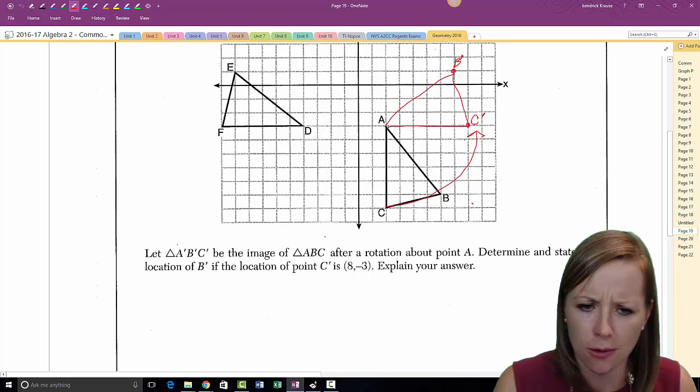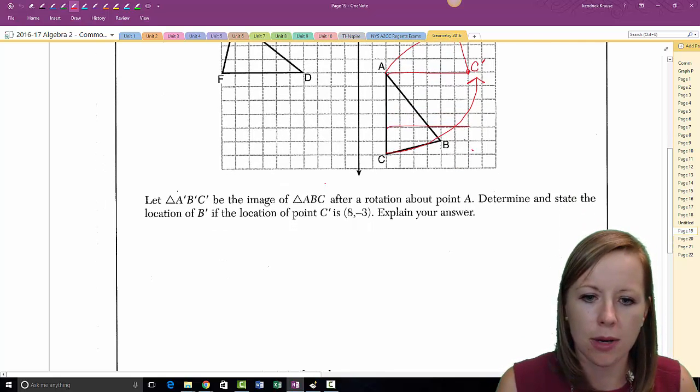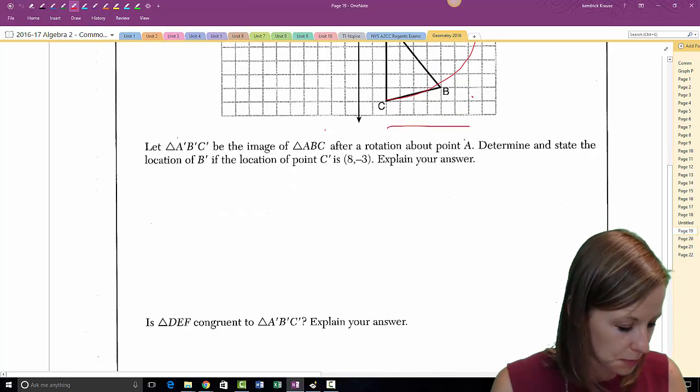Great. What do they want to know? Explain your answer. Determine and state the location of B prime.